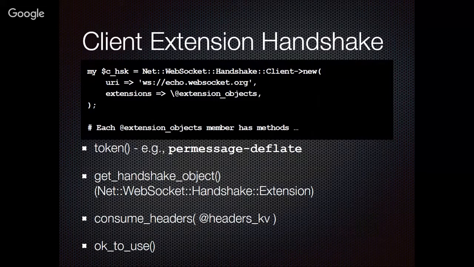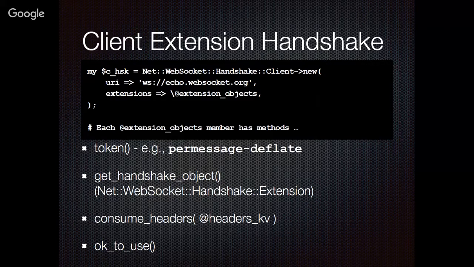So this is what that's going to look like at the Perl level. You're going to hand in these extension objects. Look at the pod for Net::WebSocket. It describes the interface that those extension object classes have. There are four methods. It has to say what the token name is. It has to be able to represent its internal configuration as a handshake extension object, which is described in the WebSocket pod exactly how that works.